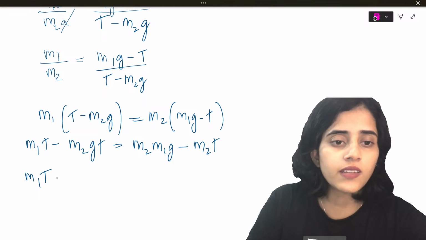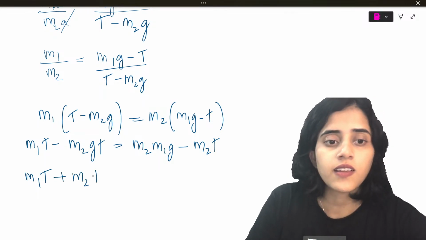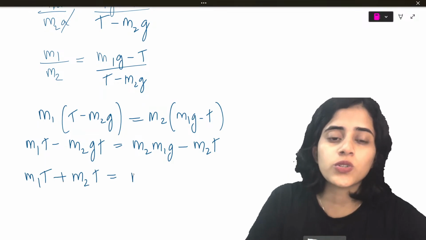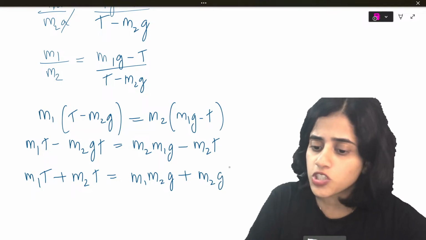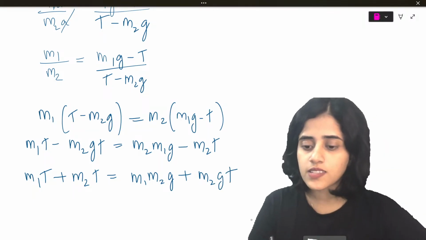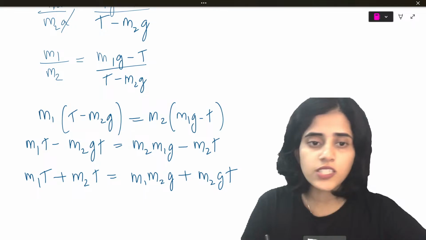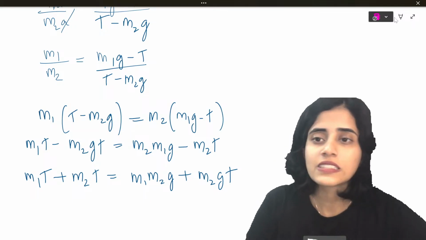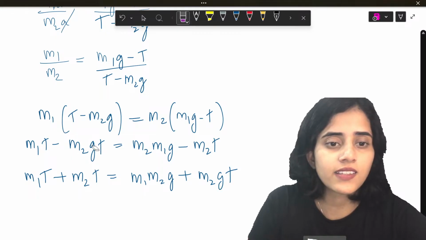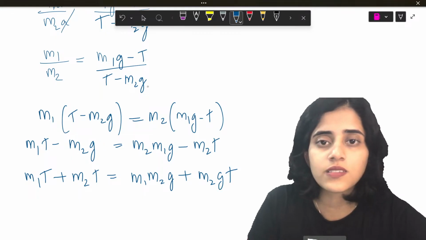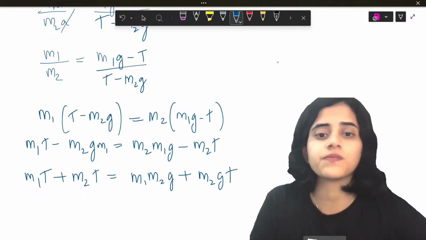So m1T plus m2T is equal to m1 m2g plus m1 m2g. One more mistake: here this is not T, this is m1.